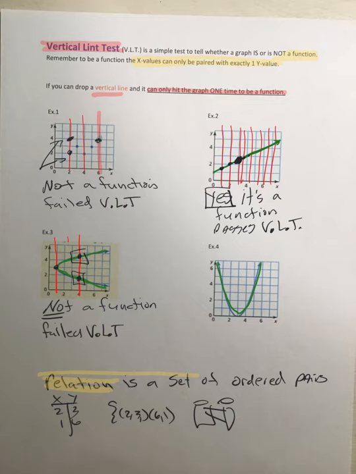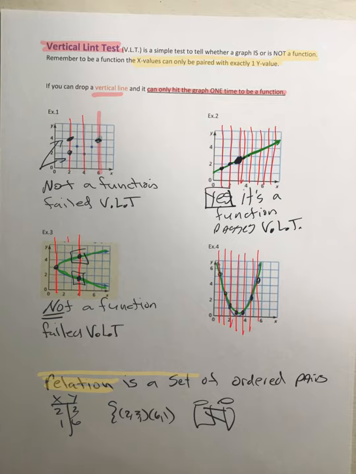What about example 4? Can you try it? What do you think? If you drop a vertical line, can you ever get that U-shape, what we call a parabola, to hit more than once? Nope, it only hits once, only one time.